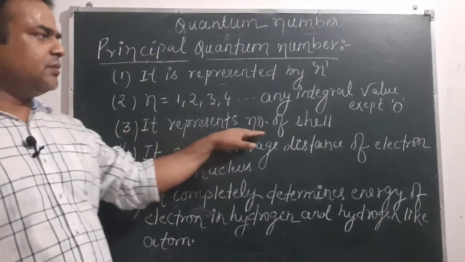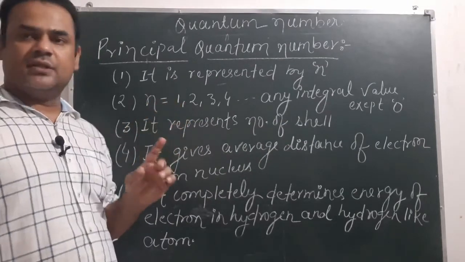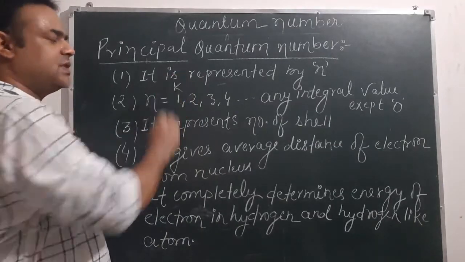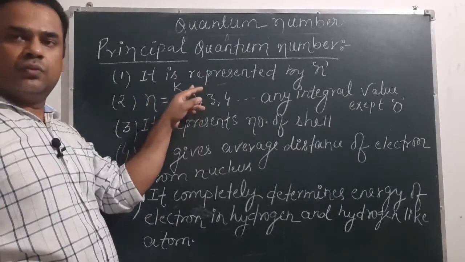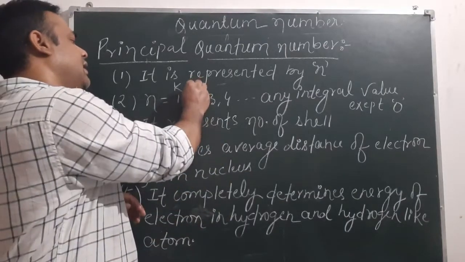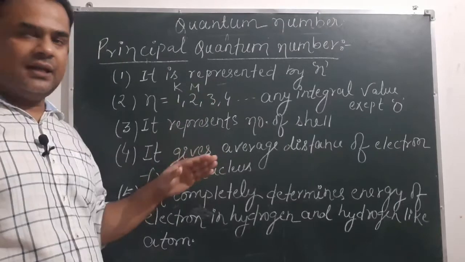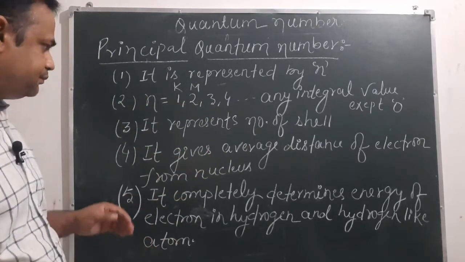If n equals 1, this is shell number 1, or it can also be called the K shell. If I say 2, then the shell number is 2, that will be L. If I say 3, then the shell number is 3, and like this. So n represents the number of shells.